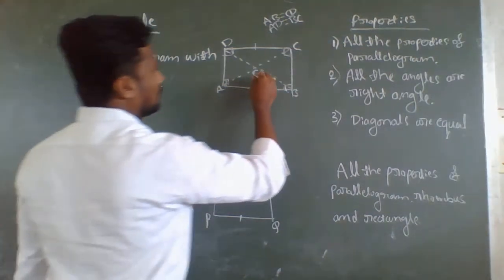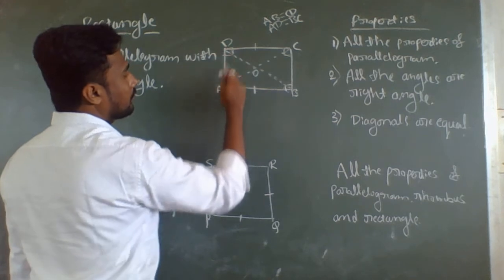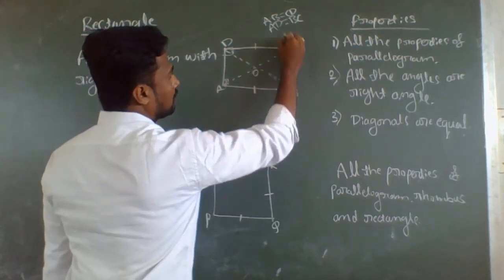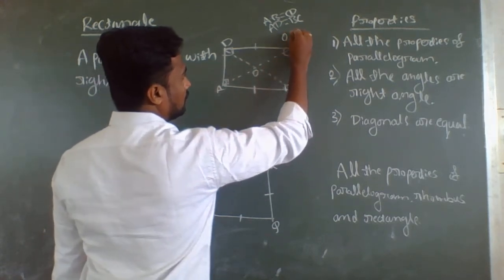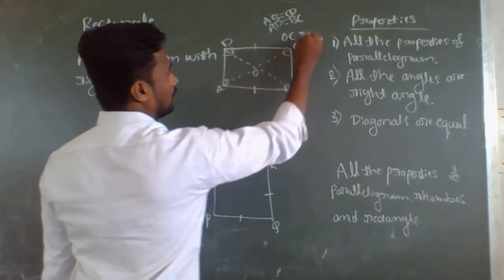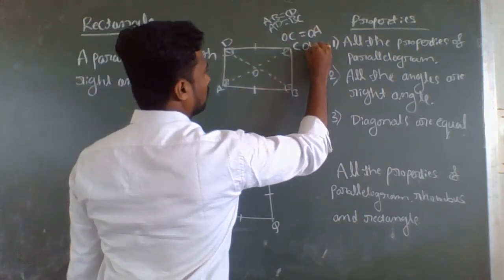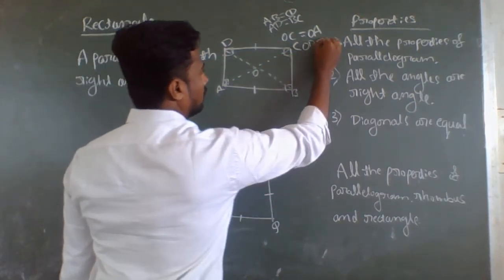So here BD bisects AC in such a way that OC is equal to OA, and OD is equal to OB.